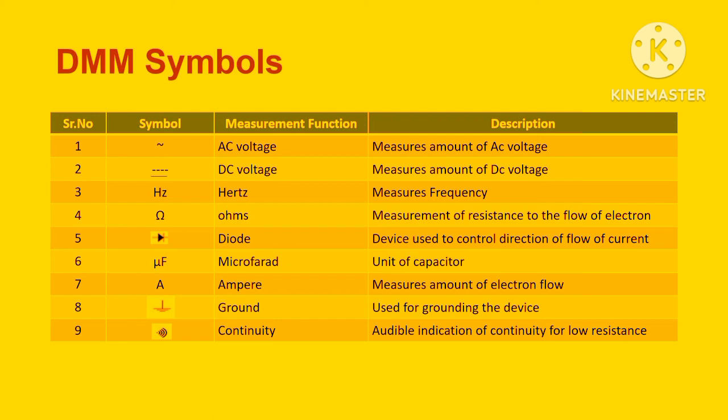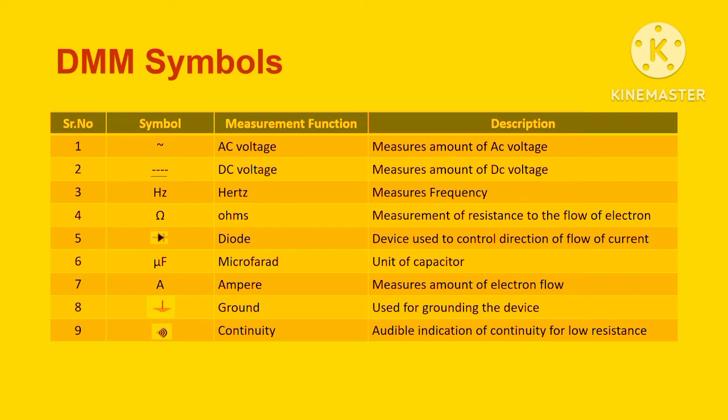Now the sixth symbol, that is microfarad. As we know, the microfarad is the unit of capacitance, so to measure the value of an electrolytic capacitor, we require this symbol, microfarad. Then next, ampere. It measures the amount of electron flow, meaning it measures the current, which is in amperes.